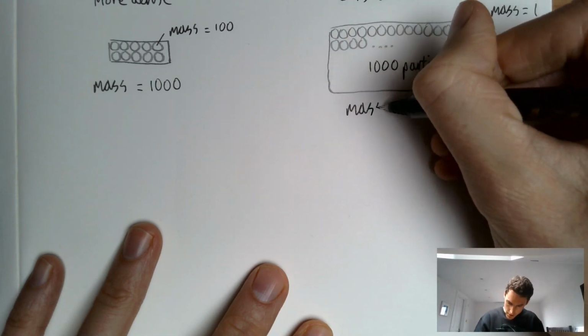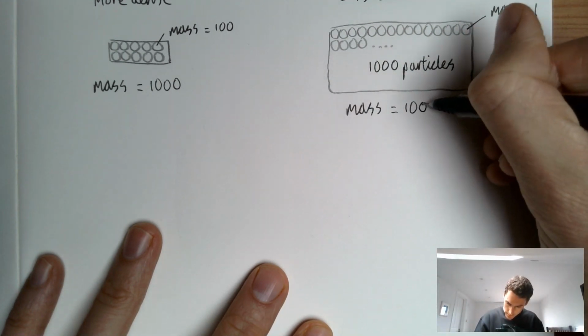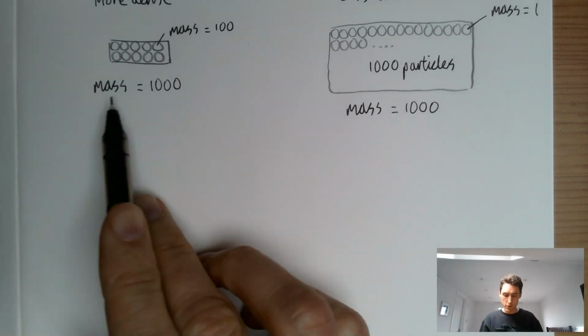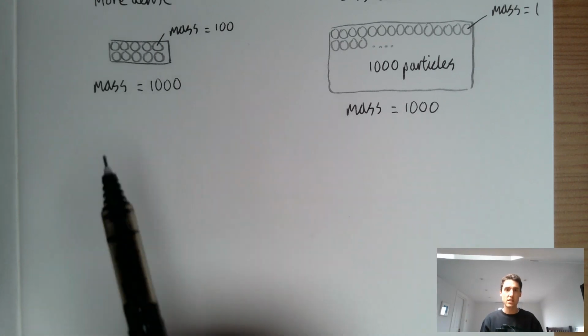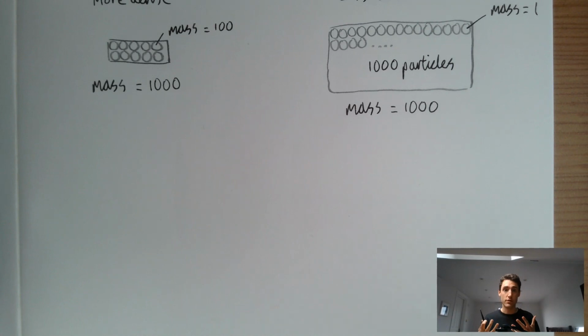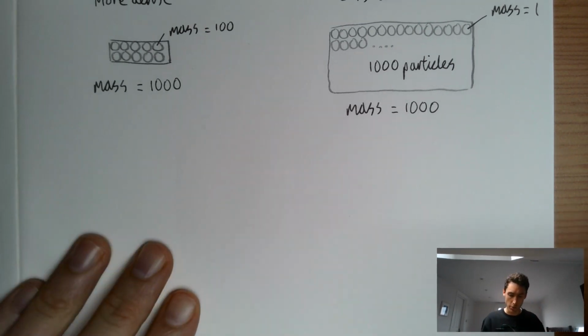Now, the conclusion I can draw out from here is that if I've got two objects with the same mass, but one is more dense, i.e., this is given a definition of density in terms of the mass of each particle, and that's the idea that we want to draw out here.